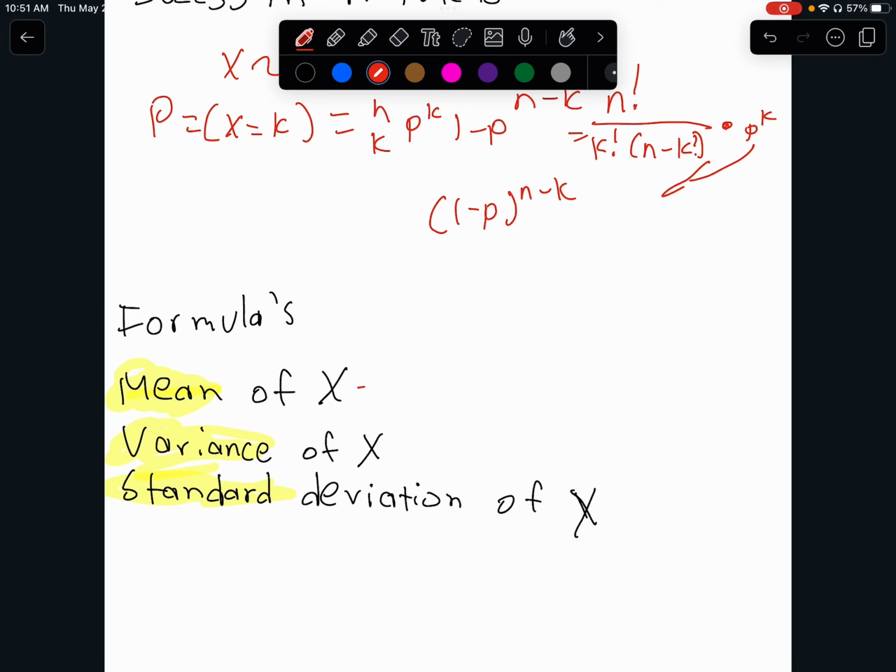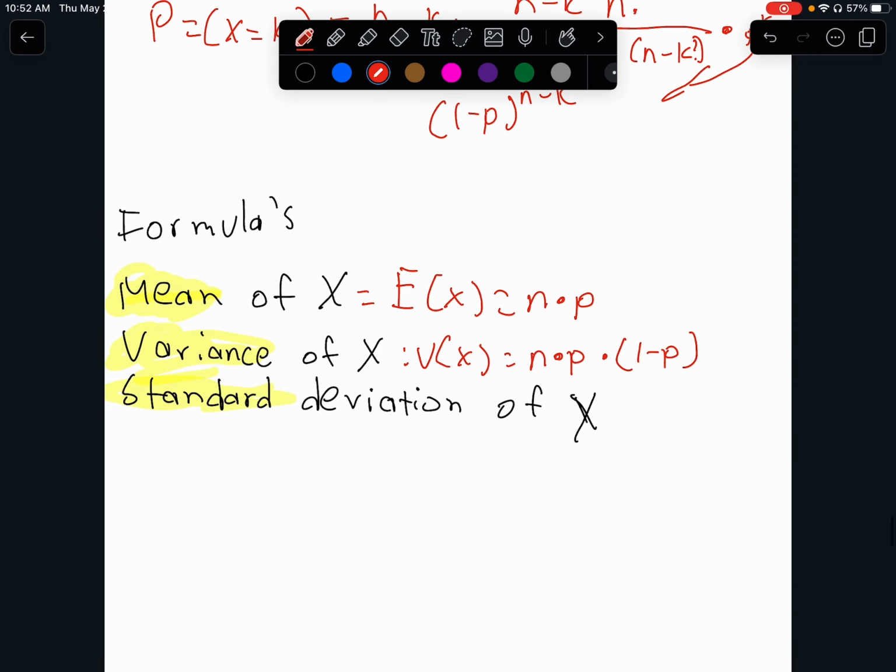Some formulas we're going to consider: the mean of X, E(X), equals n times p, the number of trials times the probability. The variance of X is the same thing, n times p, but we also multiply by 1 minus the probability. The standard deviation we get by square rooting the variance.